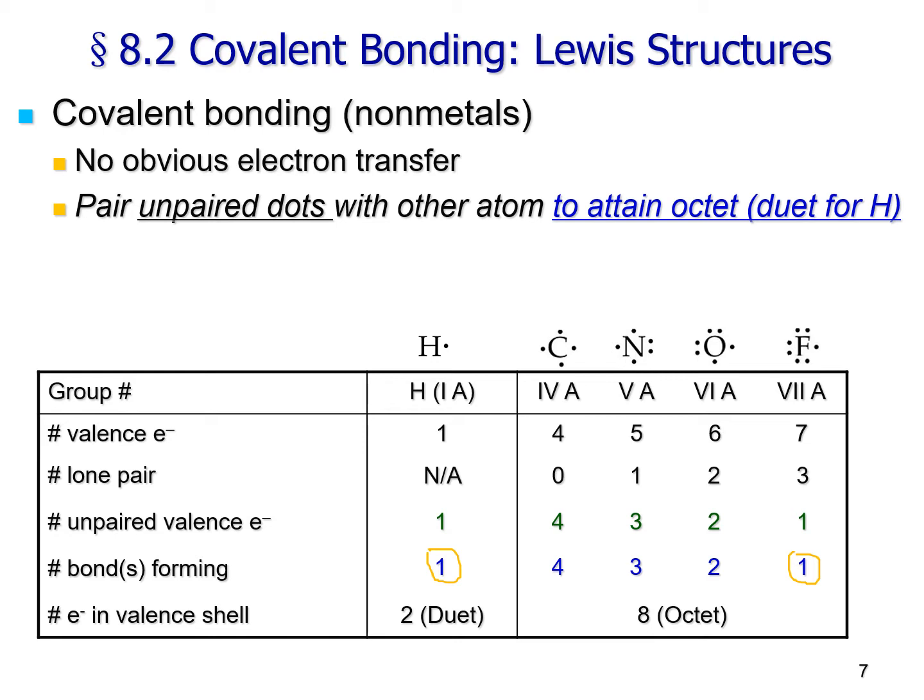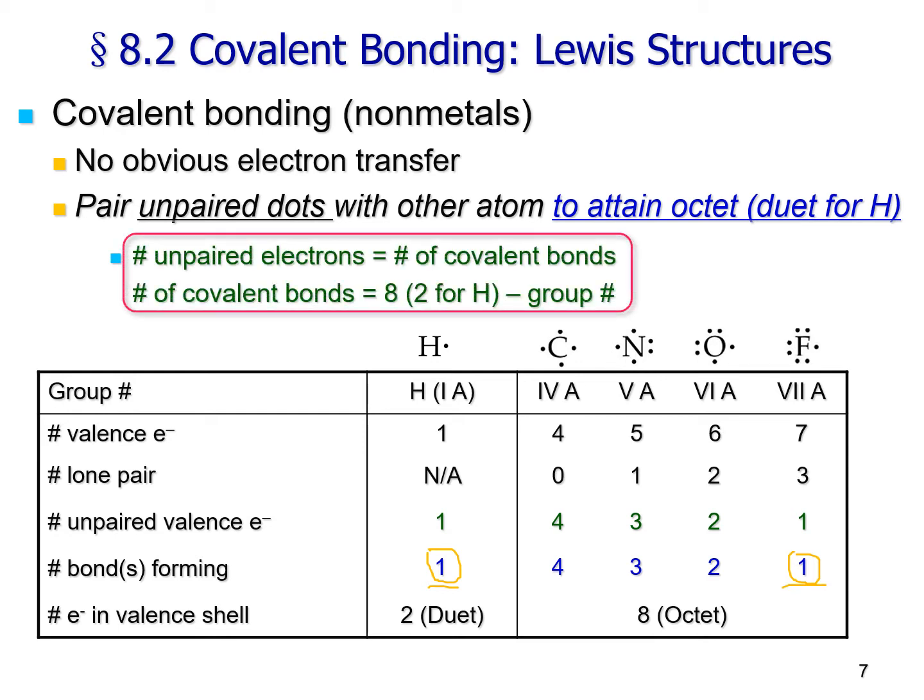But I just like to point out here, because later on we'll see why hydrogen and fluorine are so special when we write the formula using loose dots, because both can only form 1 bond and 1 bond only. So by checking the number of unpaired electrons, we will know just how many covalent bonds there are going to be, because unpaired electrons are going to be paired. In mathematics, the number of covalent bonds will be 8 minus the group number, or 2 minus the group number for hydrogen.